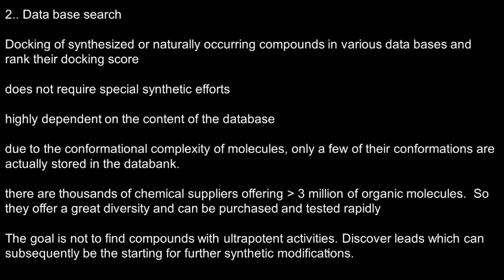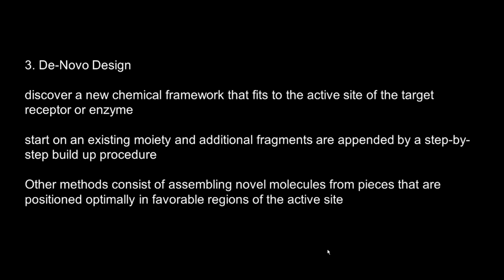Third approach is called de novo design. Here we discover a new chemical framework that fits the active site of the target receptor or enzyme. You start with an existing moiety and keep adding fragments step by step.